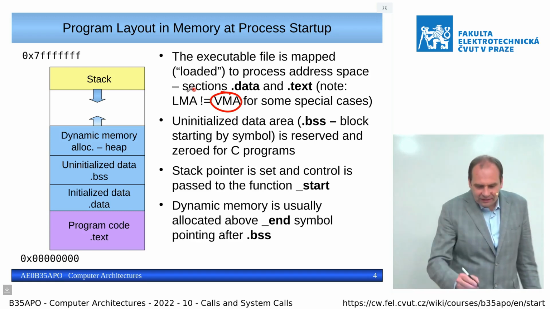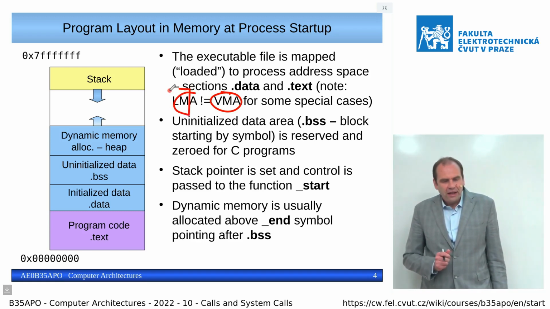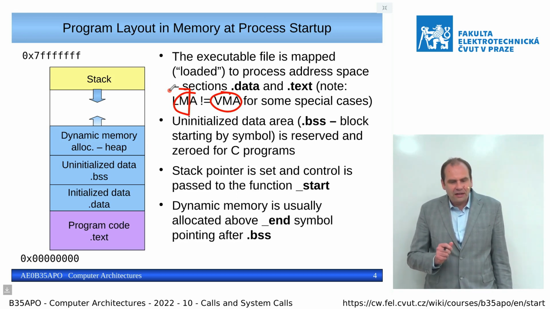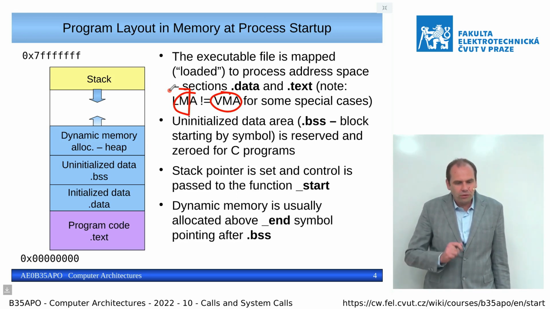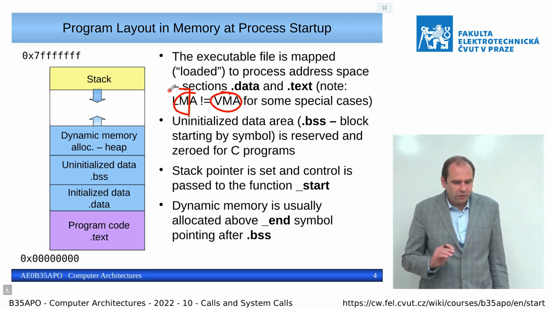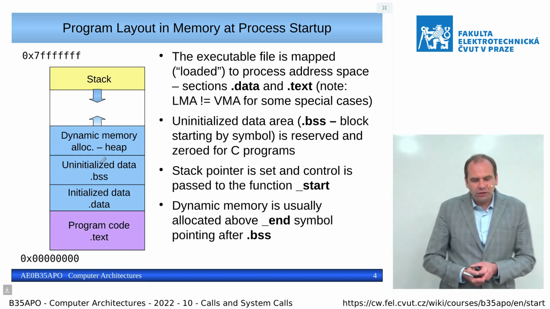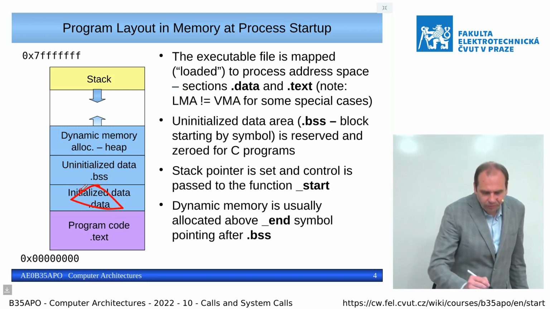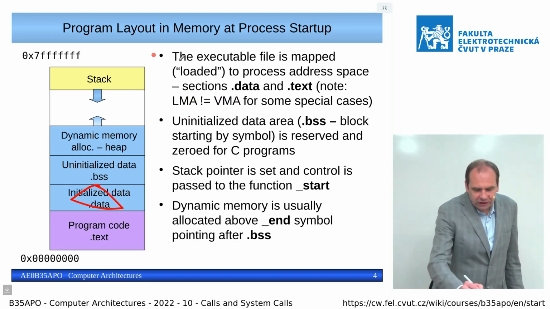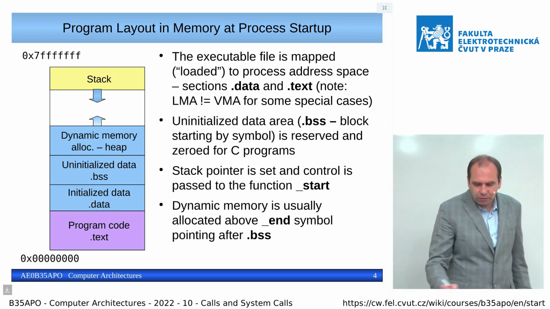And then there is a load memory address, which can be different, and it is where data are stored during the load of the program to the memory or to the flash and so on. On some microcontrollers, for example, you store the initialized data to the flash, which is somewhere else, and then at the program start, it is copied to the actual RAM area.